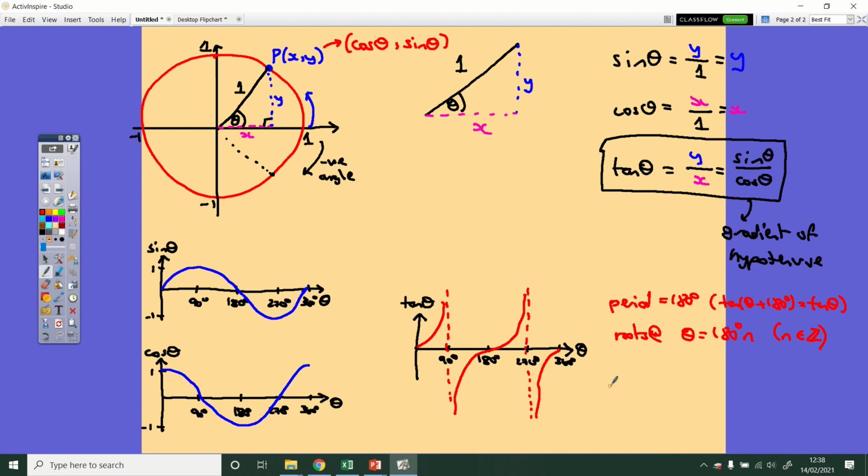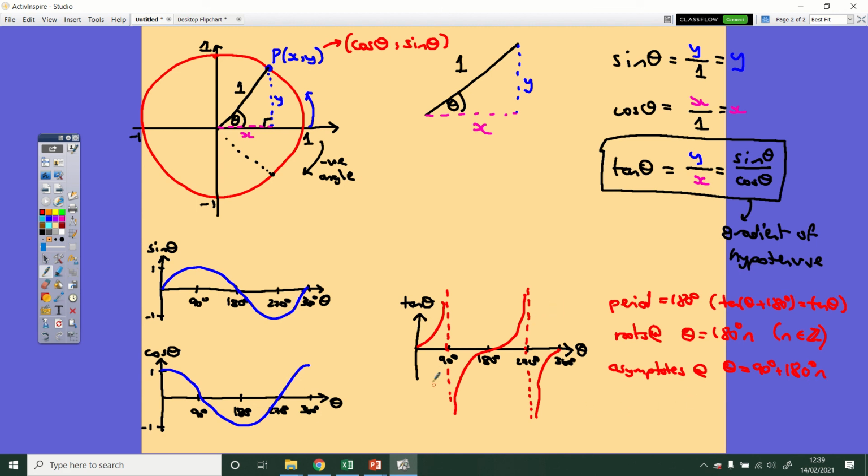But we've got these asymptotes, we can describe those. And those are going to be at odd multiples of 90 degrees here. So 90 degrees and then 180 degrees spaced apart either side of that. So I'm going to write 90 degrees plus multiples of 180, like that.